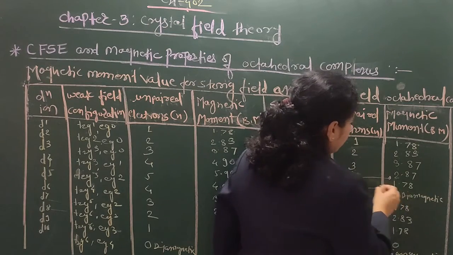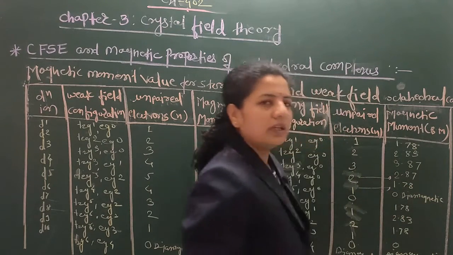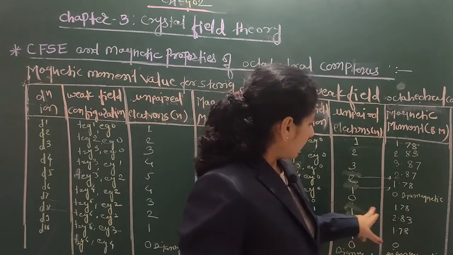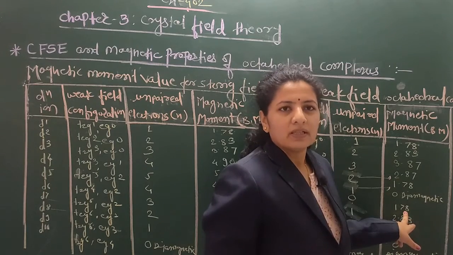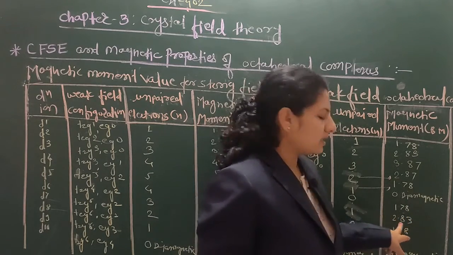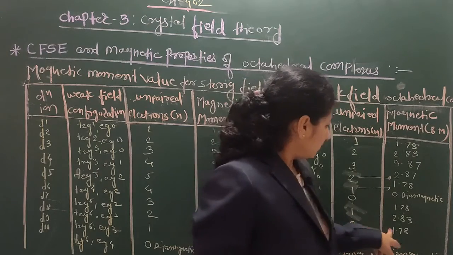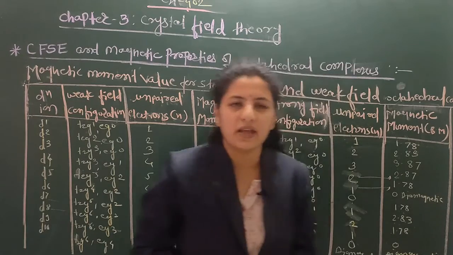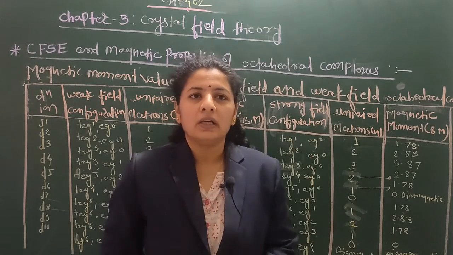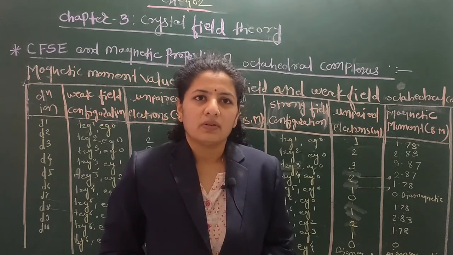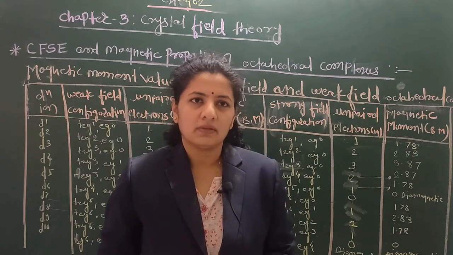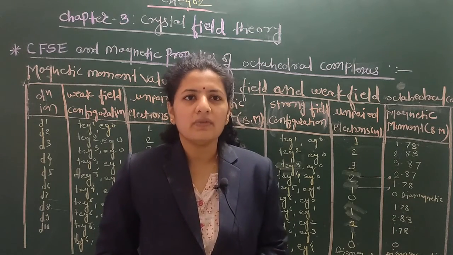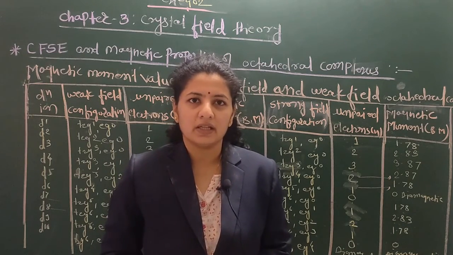For 1 it is 1.73, and for 0 it is 0, meaning it is diamagnetic. So this is all about the magnetic properties of dn systems in strong field and weak field complexes. Now let's discuss the evidence for crystal field splitting energy.